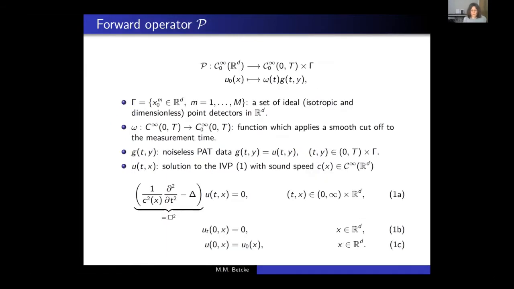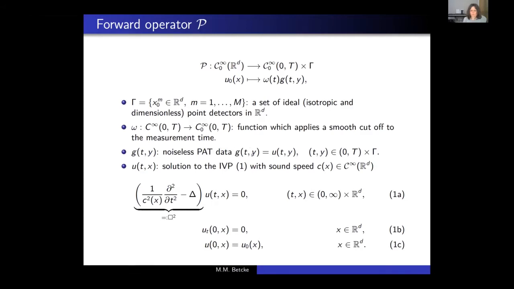So with this in mind, my forward operator is adequately described by the scalar wave equation, with initial conditions of this type, where the initial pressure is sitting here. Can you see my pointer? Okay, I assume that you can. When we solve this wave equation and record the data on the boundary of the tissue over time, this is our photoacoustic data.